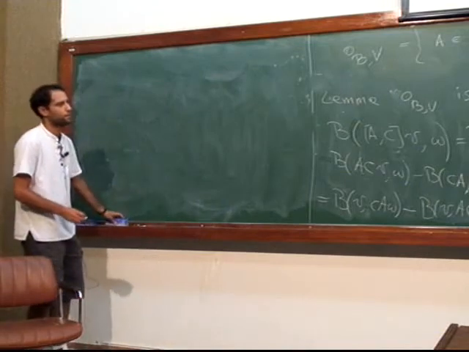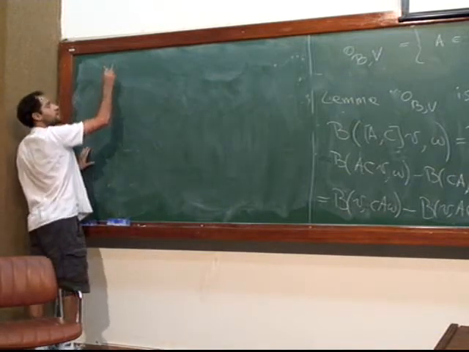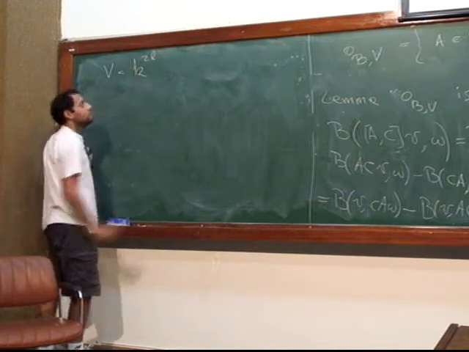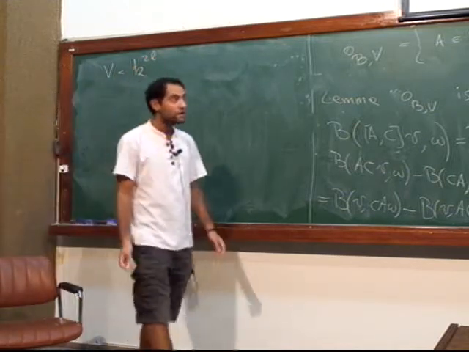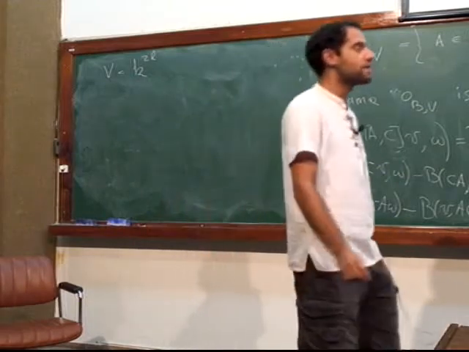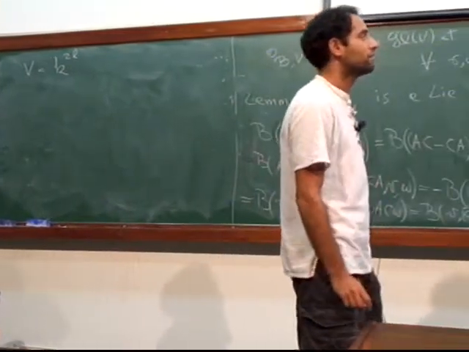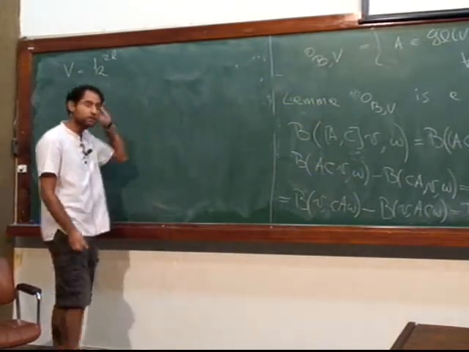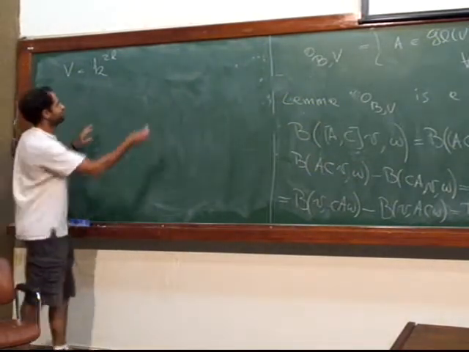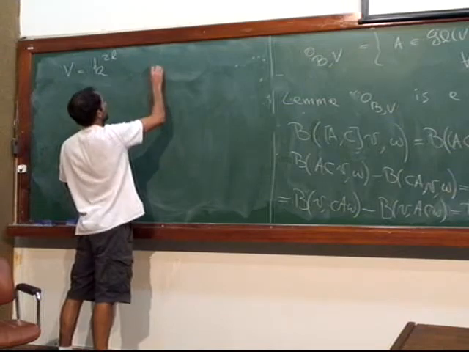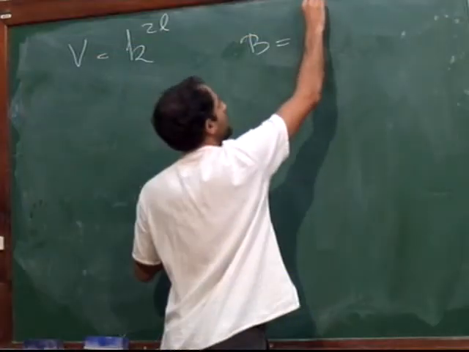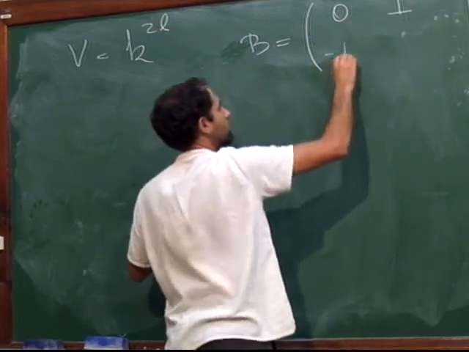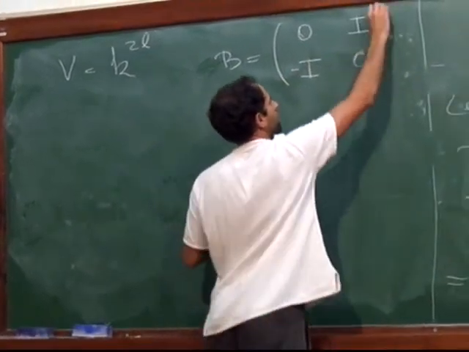Then just pick V to be K^{2L}. To have a non-degenerate skew-symmetric bilinear form on a complex finite dimensional vector space, the vector space has to have even dimension, and then the bilinear form can be put in this matrix: 0, I, minus I, 0.